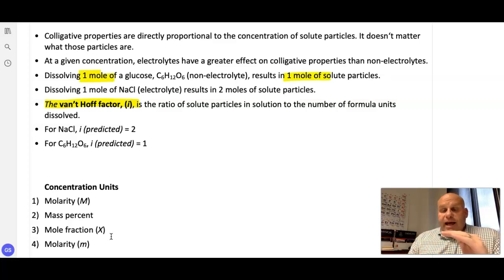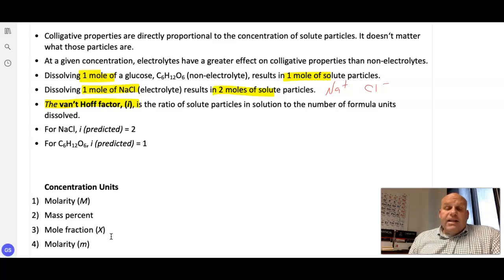We're going to get that 1-to-1 ratio. However, if I have an electrolyte, an ionic compound, for example, when 1 mole of sodium chloride dissolves, I'm actually then producing 2 moles of particles. Those 2 moles being, as you know, our sodium ion and our chloride ion.